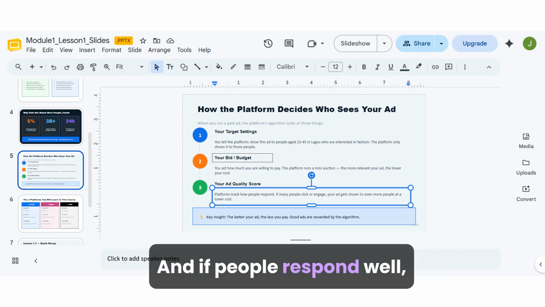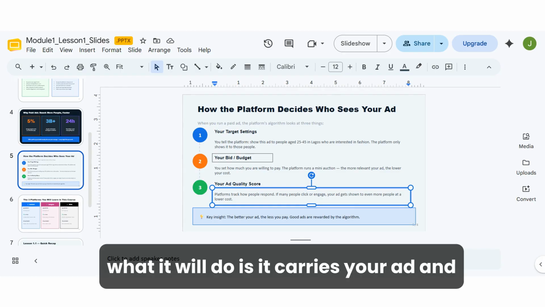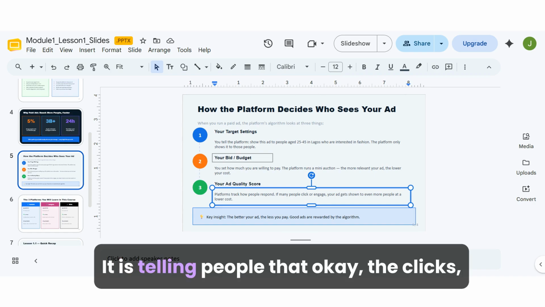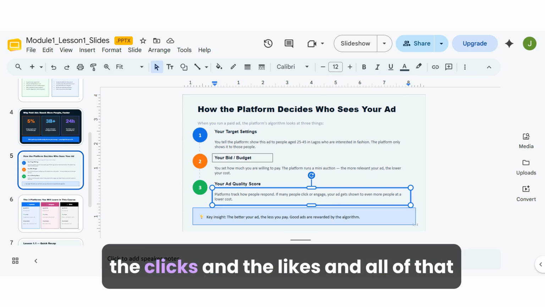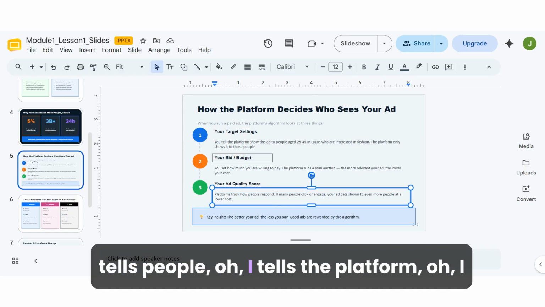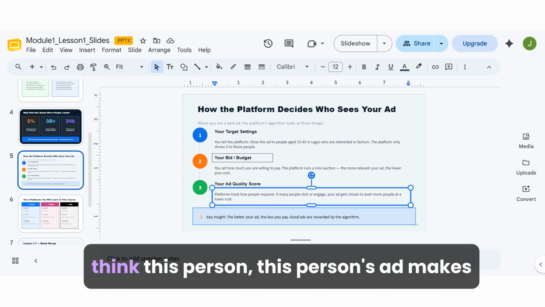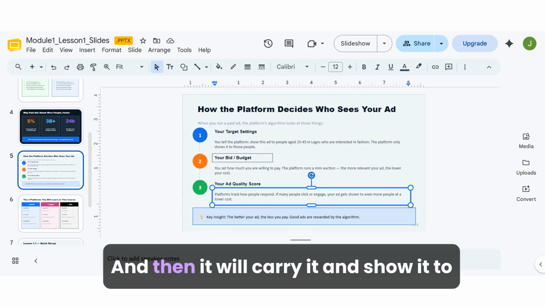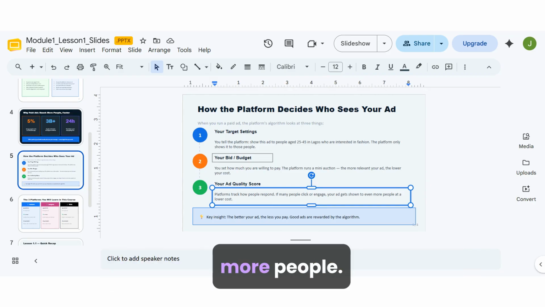And if people respond well, it carries your ad and shows it to more people. The clicks and the likes and all of that tell the platform, I think this person's ad makes a lot of sense. Let me show it to more people. And then it will carry it and show it to more people.